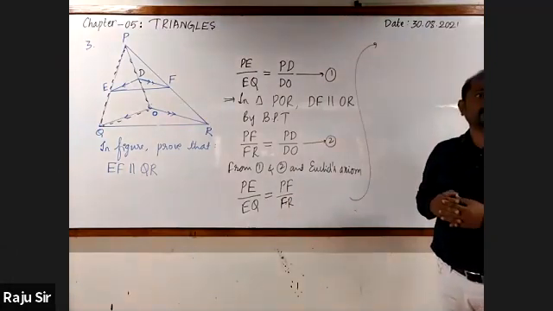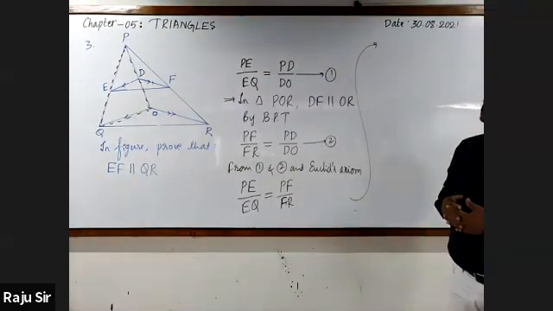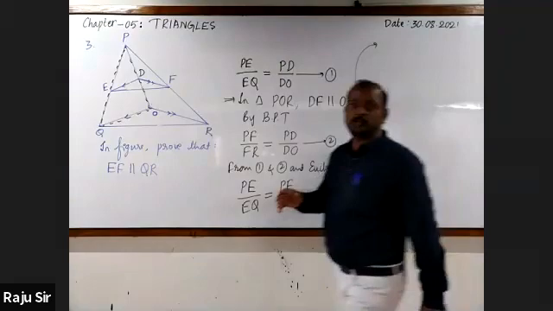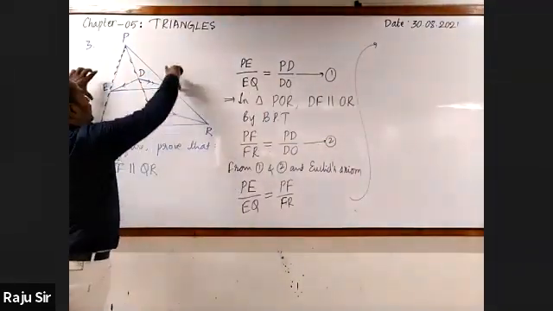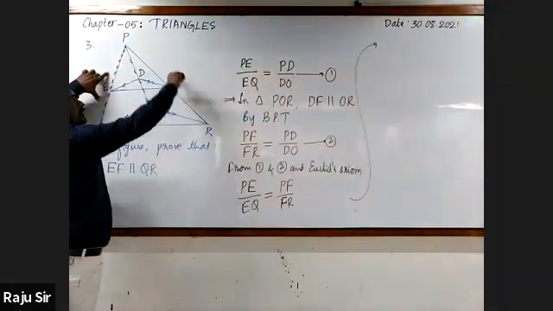Next further. Now we have proved these two ratios equal. PE by EQ is equal to PF by FR.